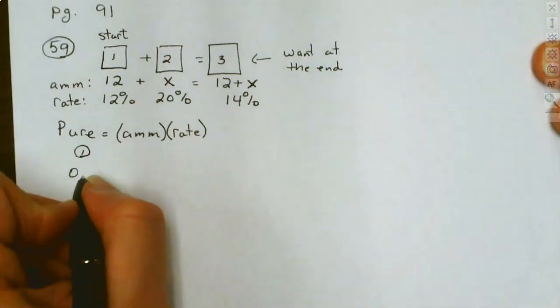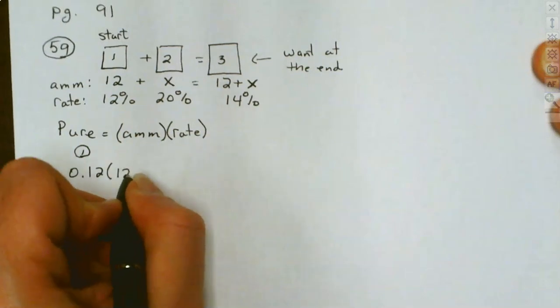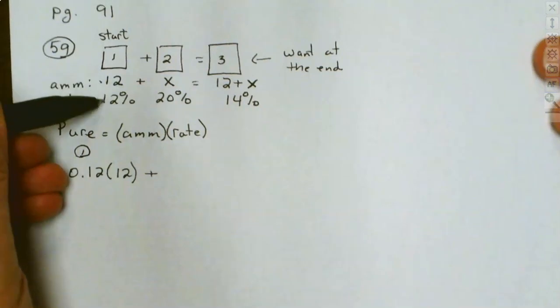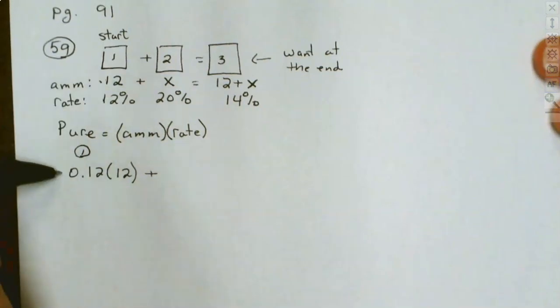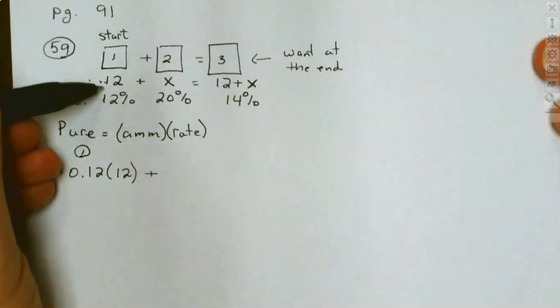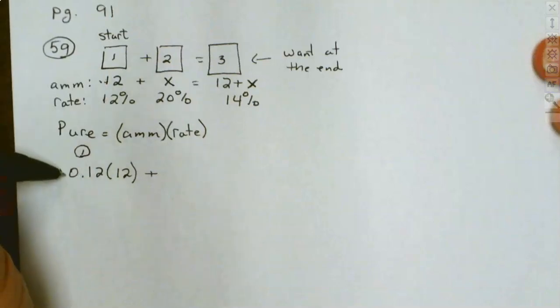So that's 0.12 times 12. That's these two multiplied together. All we do when we come up with our equation is put these together down below. They're always done the same way. Those two go together, come down below.